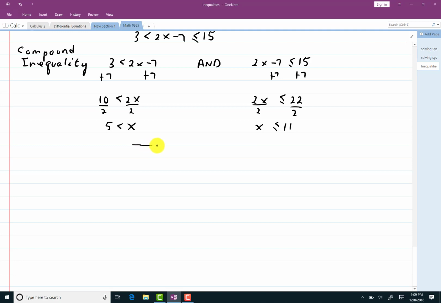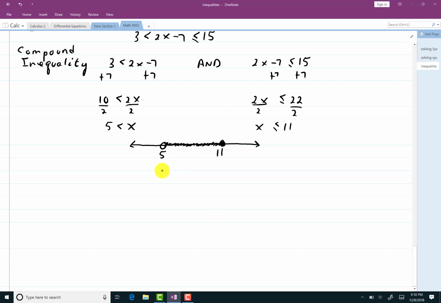If I draw the graph, I know that x is bigger than 5, but it's less than or equal to 11. So I'll put a hole where there's a 5. I'll put a solid dot where there's an 11. And since x is bigger than 5, but less than or equal to 11, I have no choice but to shade in between these values.